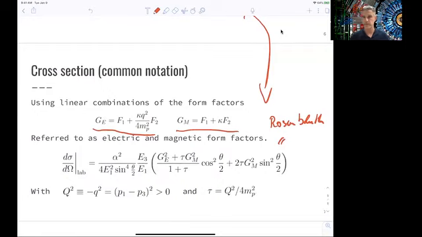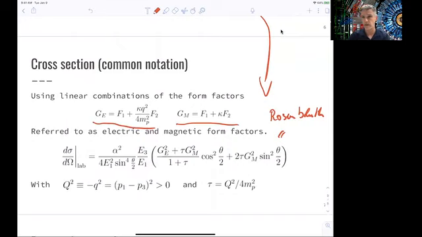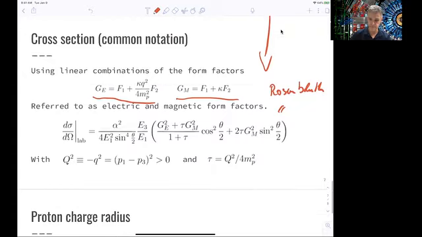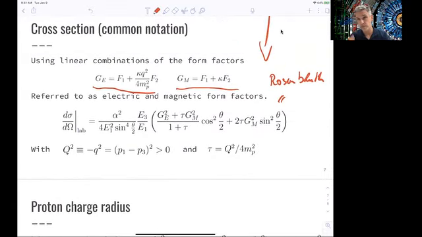If you find this in particle physics or nuclear physics books, this is what's meant by this. The only thing we did here is extend the Mott scattering formula to the Rosenbluth formula, using extended objects, an extended charge distribution. But we have done that by using a Fourier transform of the charge distribution.